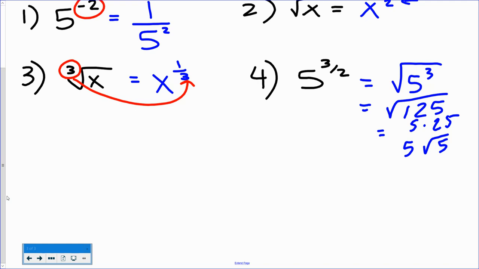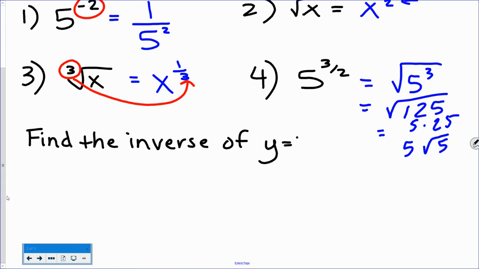So we talked a lot about inverses last week and exponential functions. If I was going to ask you to find the inverse of the function y equals 2 to the x power, so that's an exponential function, your input is your exponent.